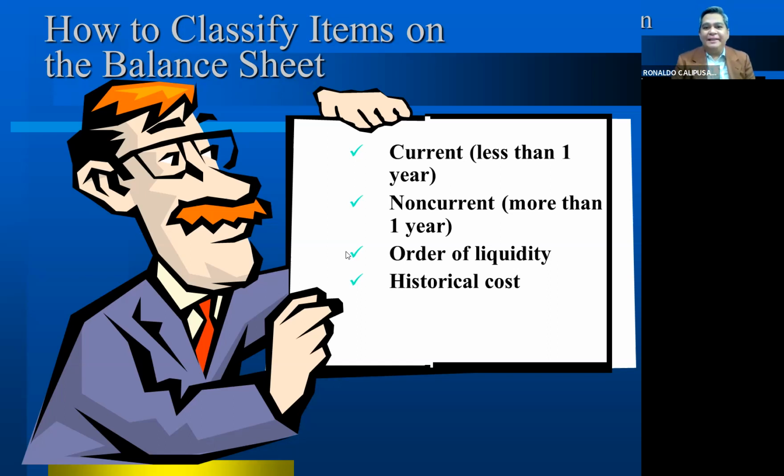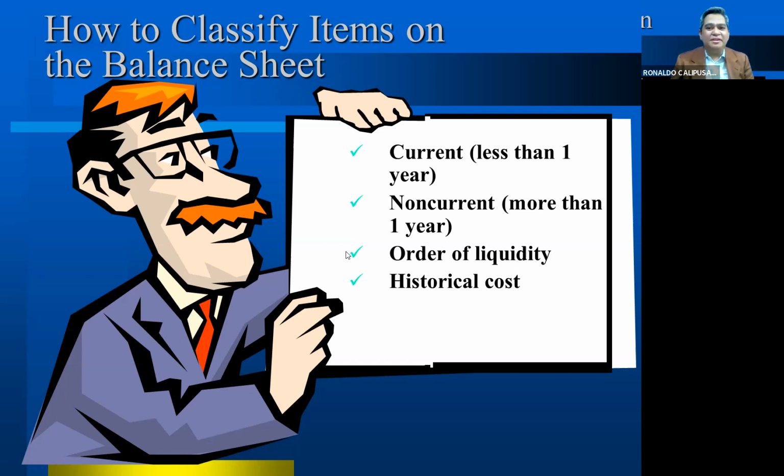And then let's go to the liability. Supplier's credit. Does your supplier want to be paid in less than 1 year or more than 1 year? Let's say in our previous example, you are, for example, SM supermarket, and one of your suppliers delivers vegetables.